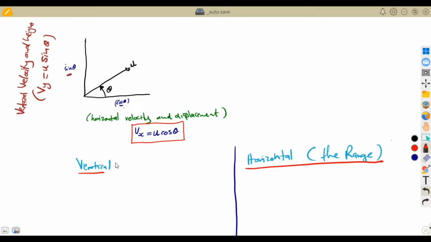Under the vertical component, we listed that there is velocity, this Vy, which is equal to U sine of theta, where U is our initial velocity in meters per second.